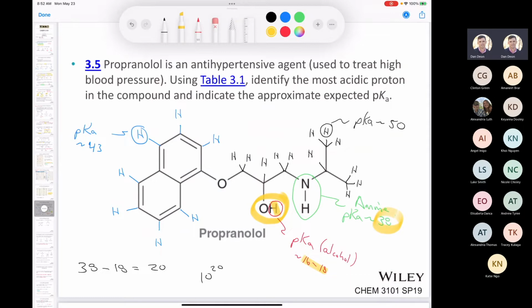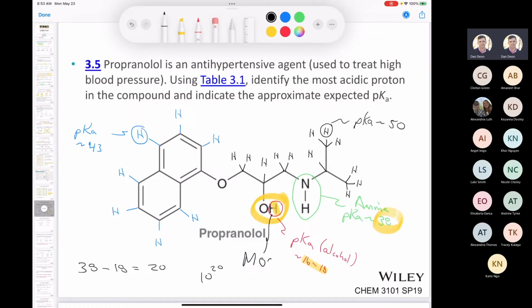Give me a thumbs up if you follow me on that question and how I applied the table to identify those. So you can see why it's so important that you know functional groups. That's why we look at functional groups at the very beginning of the class. Andrew, which one of these protons has the lowest pKa? That is going to be the one that is the most acidic. So which one has the lowest pKa? It's the one that is highlighted in yellow.